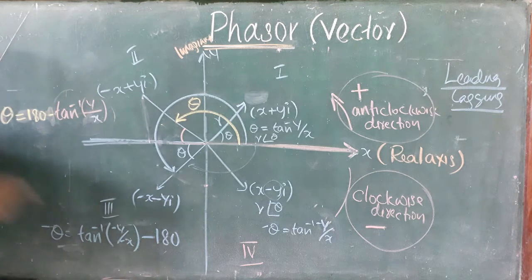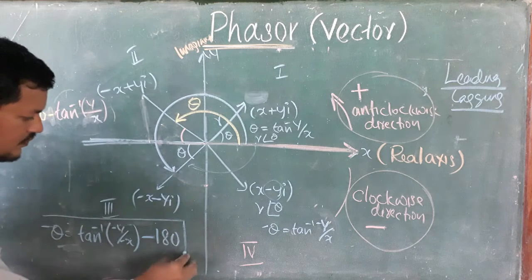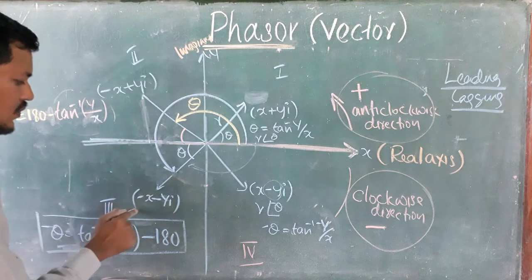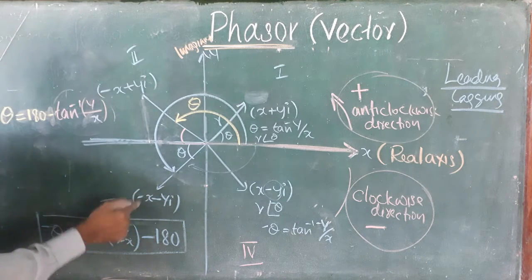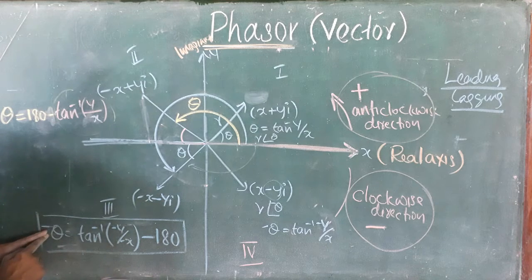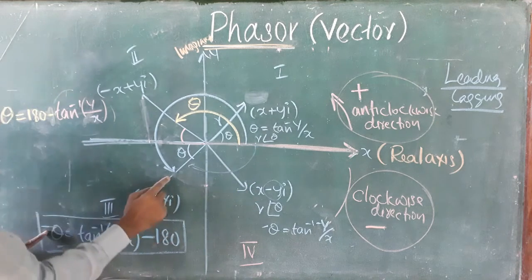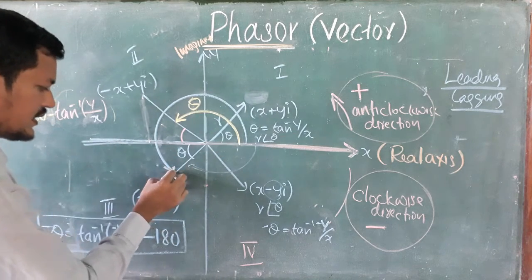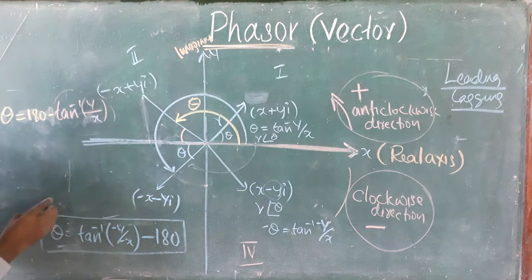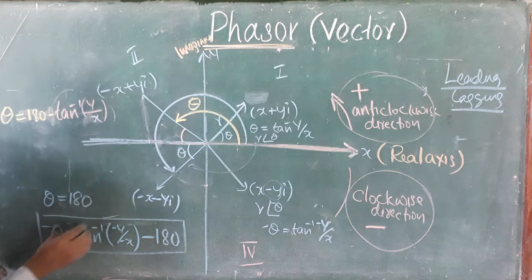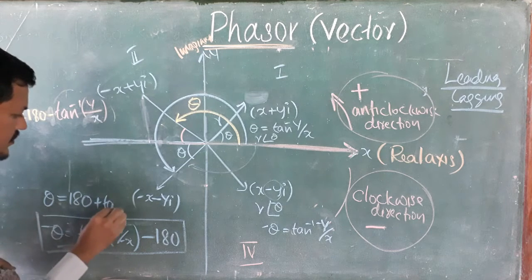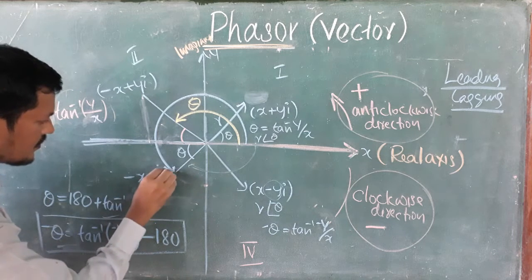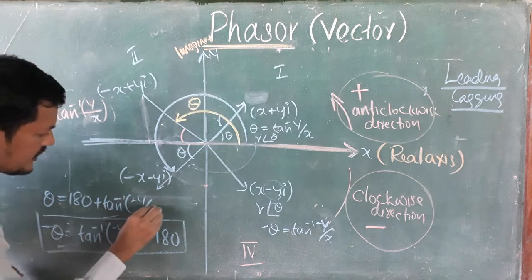Clear? In the calculator this formula is used. Whenever we are doing the calculation in the third quadrant, the answer should be minus theta from the clockwise direction. We can also find the anti-clockwise direction. The equation I already wrote: theta equals 180 plus tan inverse of minus y by minus x.